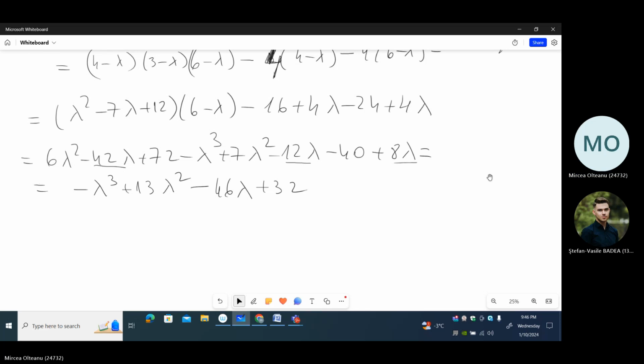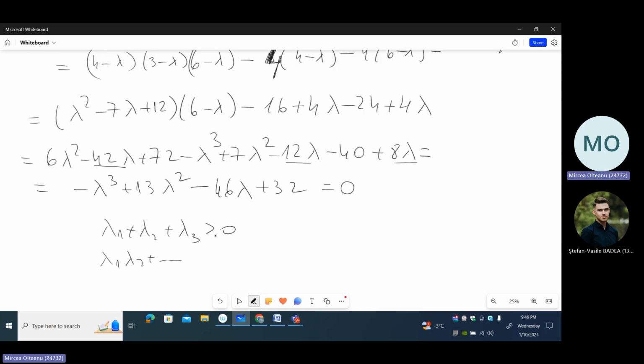Now, what we know from the theory is that the eigenvalues of a symmetric matrix, and this is a symmetric matrix, are always real. So because they are real, we can look at the relations between the roots and coefficients. The sum of the three solutions is 13, which is positive.